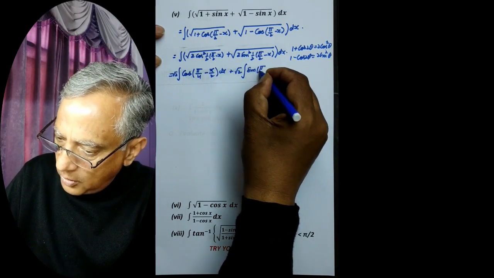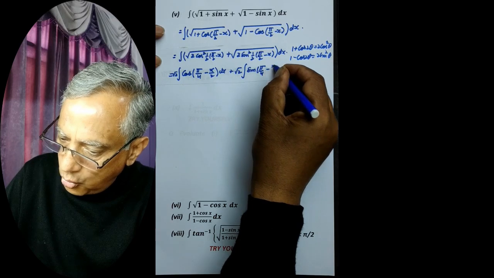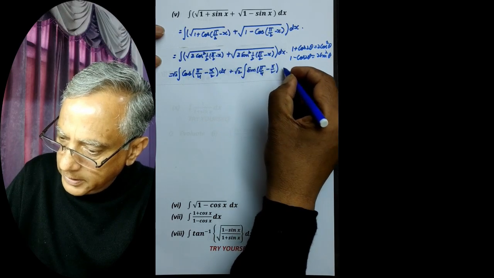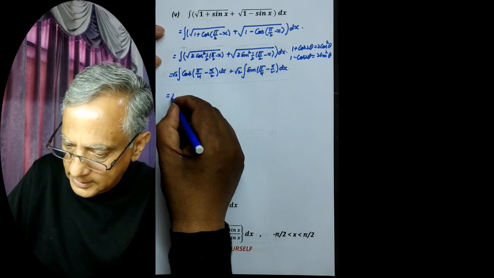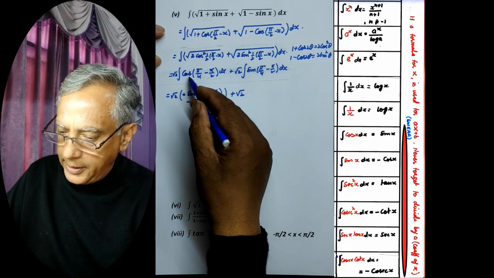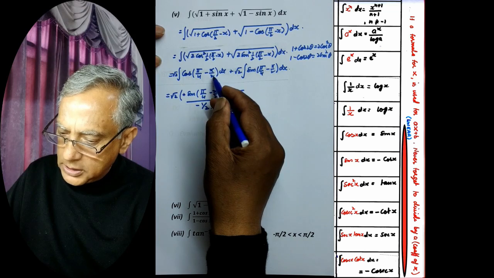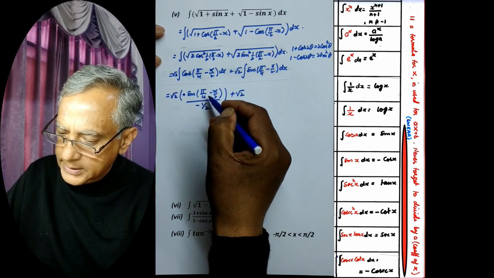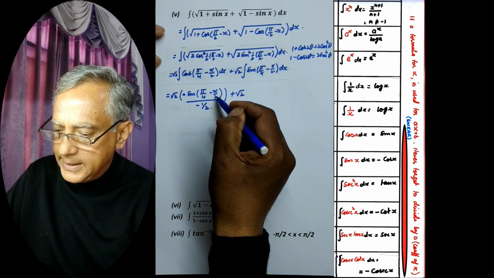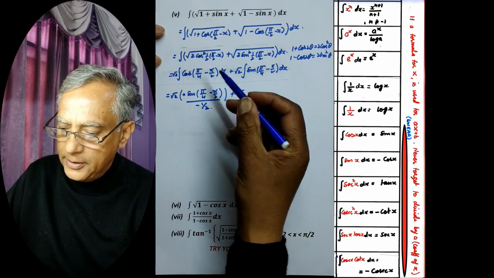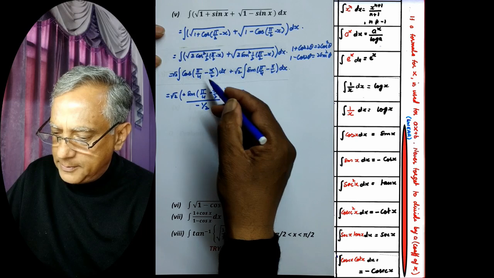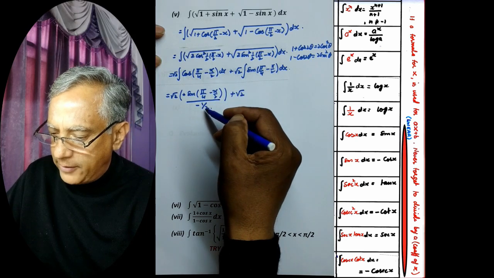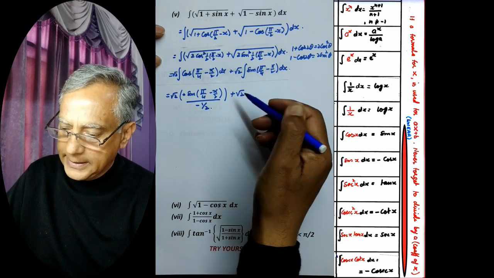This will be integral of sine of pi by 4 minus x by 2 dx. Now the integral of cos of pi by 4 minus x by 2 is sine of pi by 4 minus x by 2, and since a formula valid for x is being used for a linear expression, we must divide by the coefficient of x.